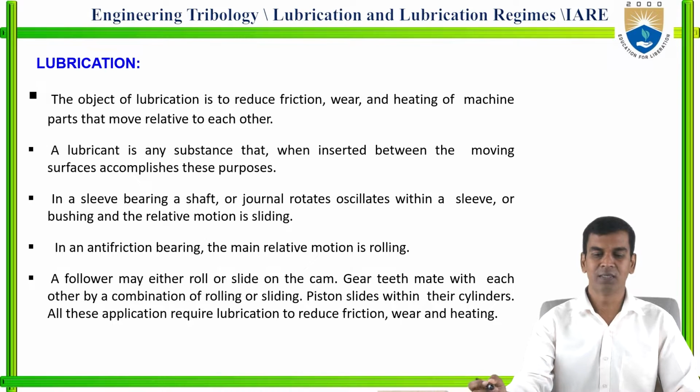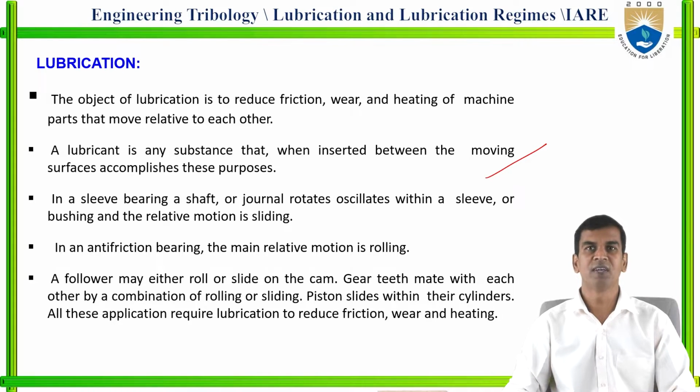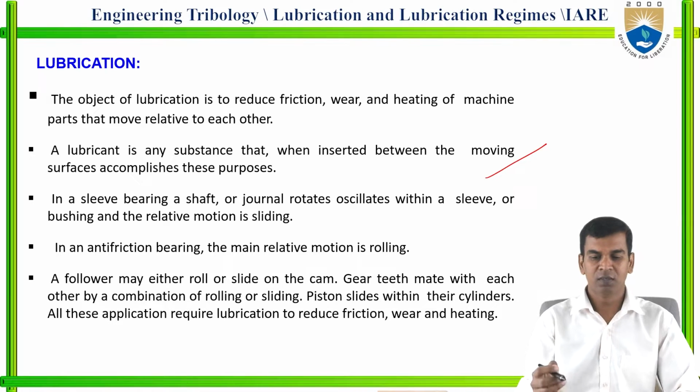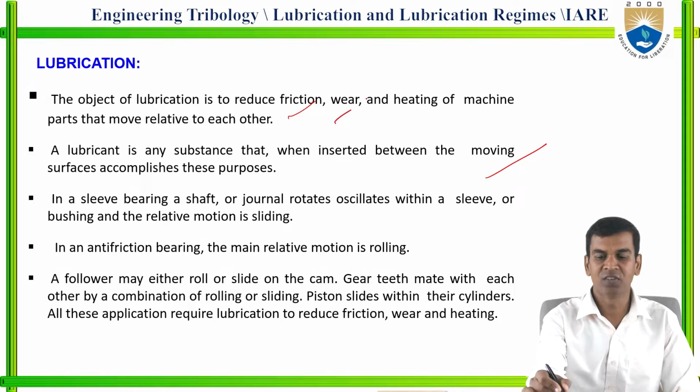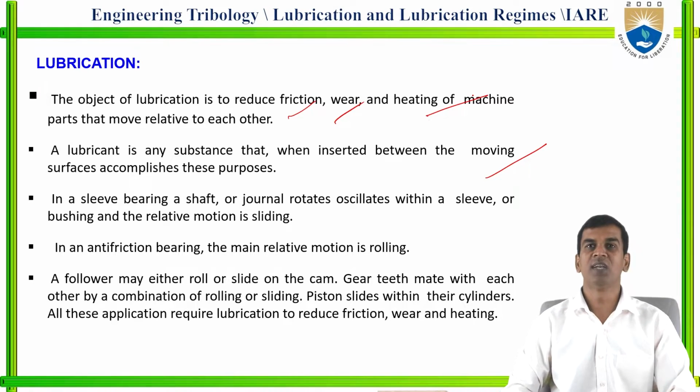Lubrication is any substance that, when inserted between moving surfaces, accomplishes these purposes: reduction of friction, reduction of wear, and heating of machine parts that move relative to each other.